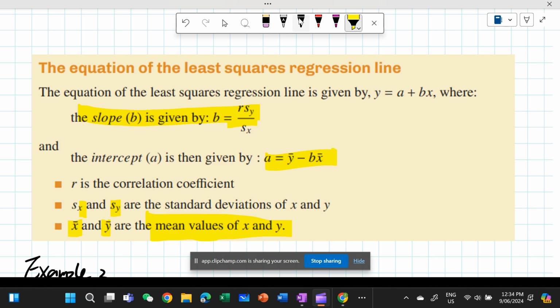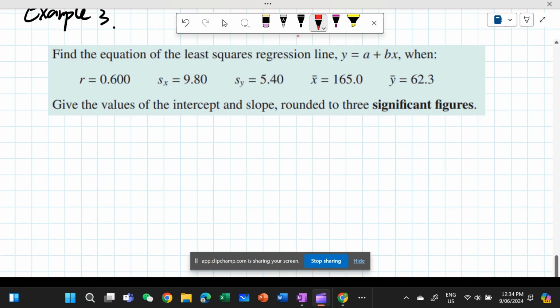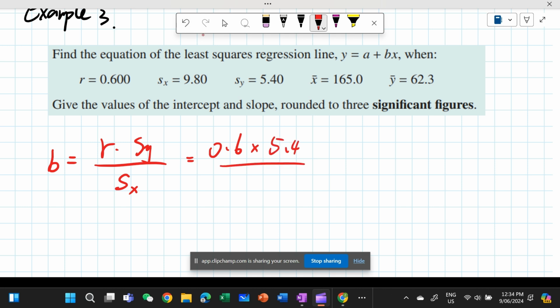let's try to do a quick question to understand. We're going to find the significant figures. So we know b equals r times sy divided by sx. So that equals 0.6 times 5.4 divided by 9.8. We can use the CAS calculator.